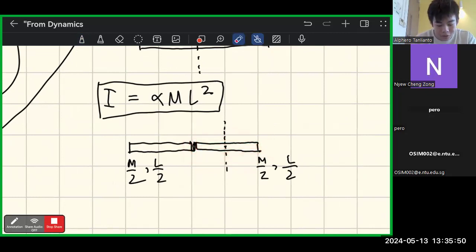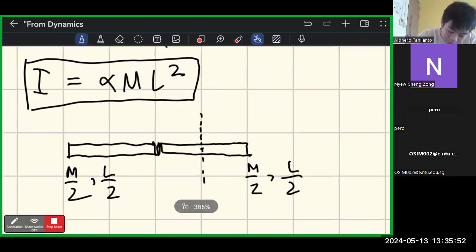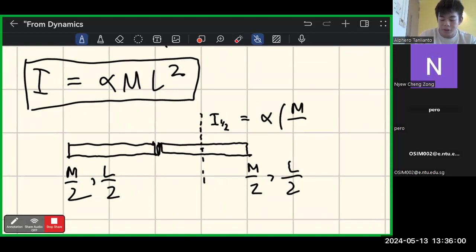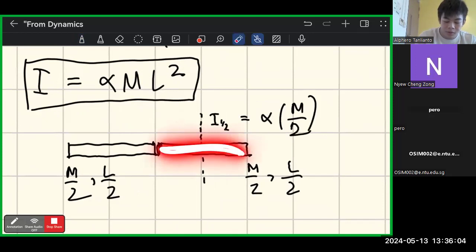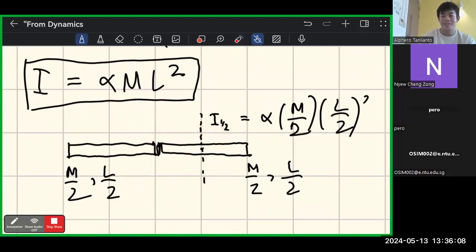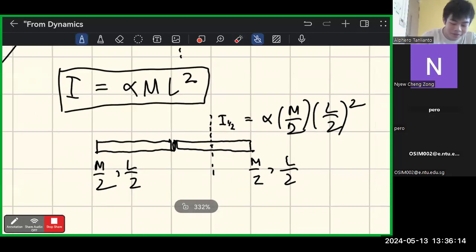So half of the uniform rod will have I equals alpha times the same form. Its form is the same: it's m over 2, because the mass here is m over 2 for this uniform rod, and the length will be L over 2 squared. There's nothing wrong with this. It's still logical, right, for now.